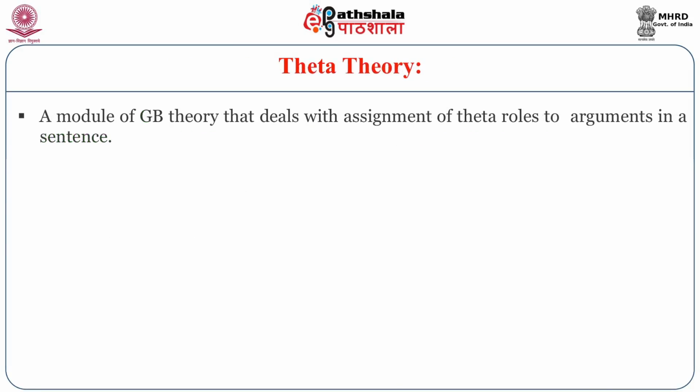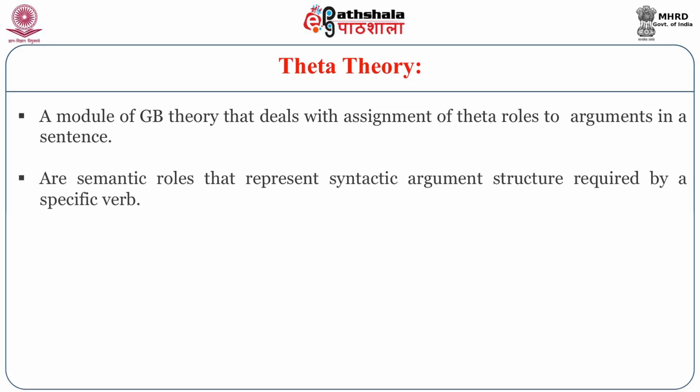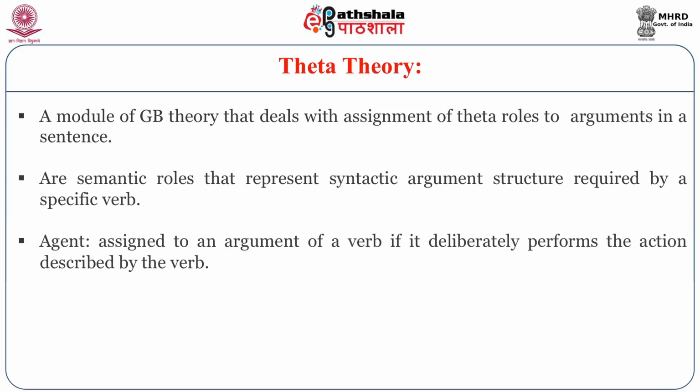Theta theory is a module of GB theory that deals with the assignment of theta roles to arguments in a sentence. They are semantic roles that represent the syntactic argument structure required by a specific verb. Agent is assigned to an argument of a verb if it deliberately performs the action described by the verb.